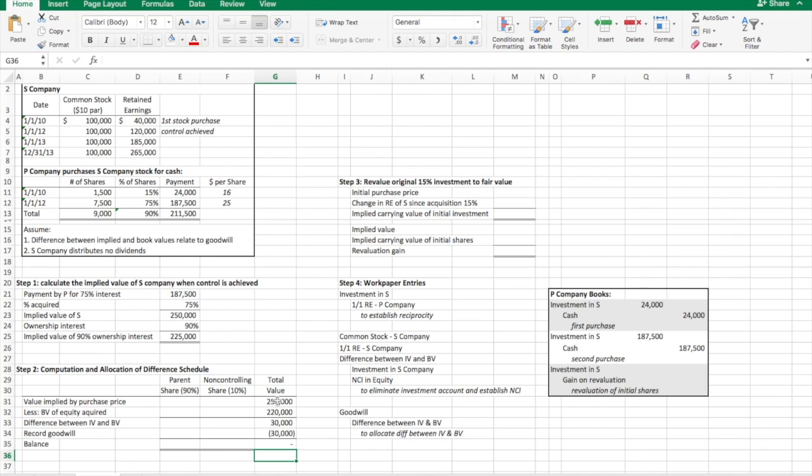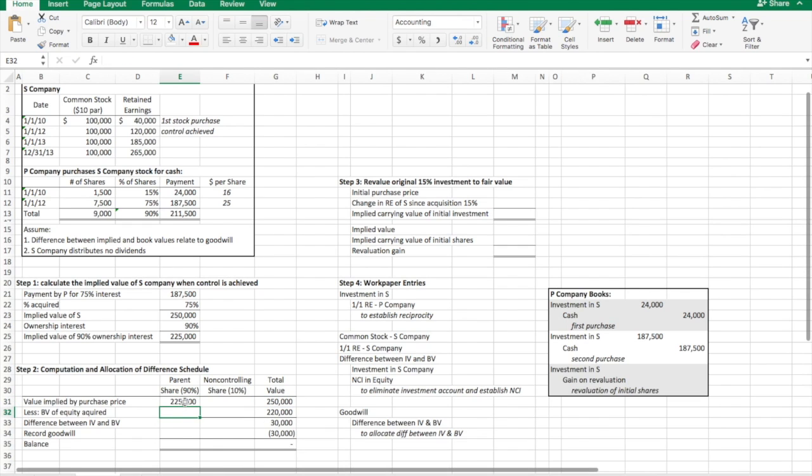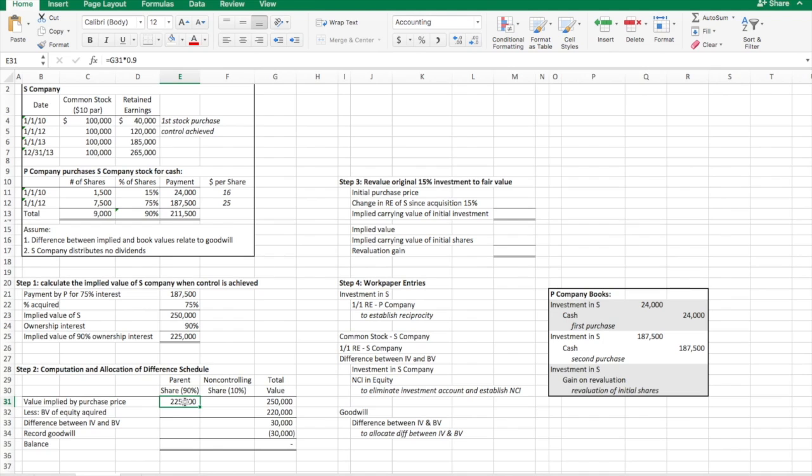And then we want to allocate these total values between the parent share and the non-controlling share. And so to do that, we just need to multiply the total value by 90% for the parent's share. And then since it's the same formula for all of these cells, we can just copy the formula down.